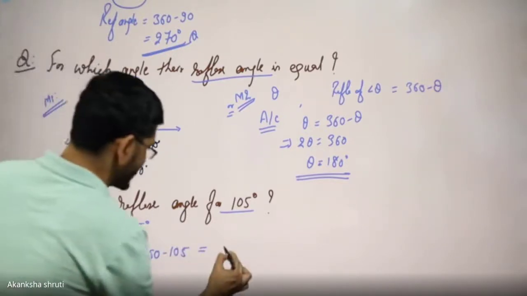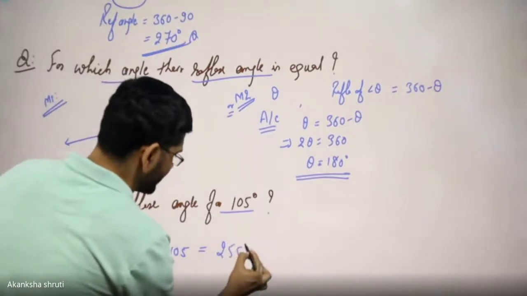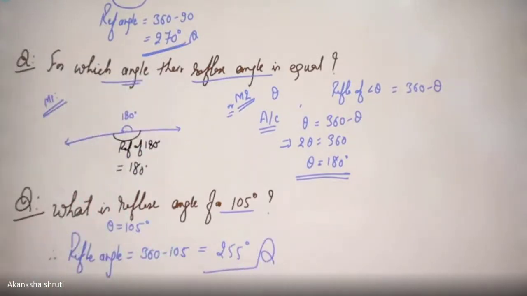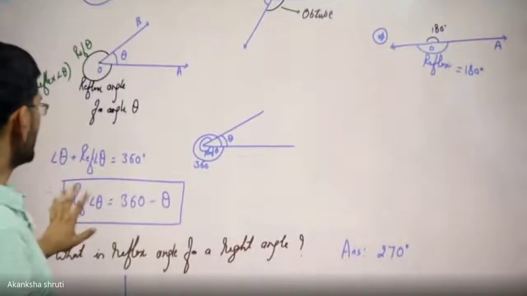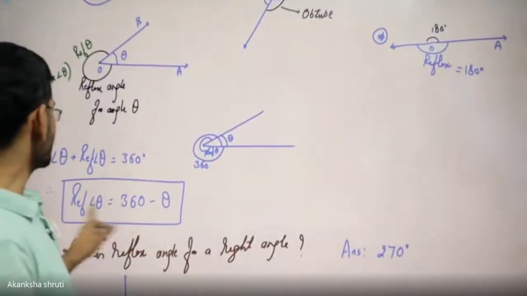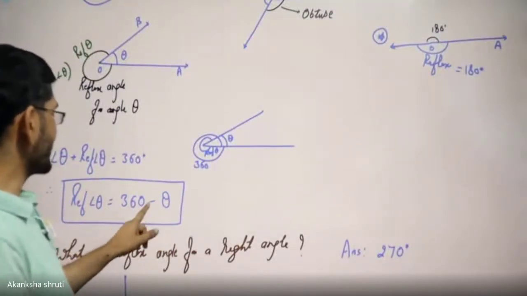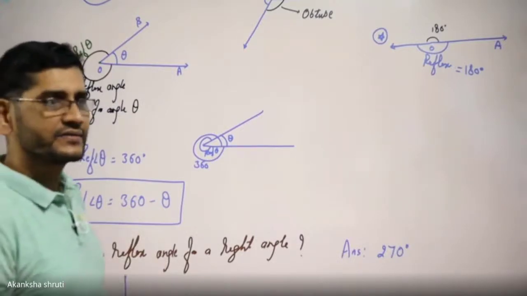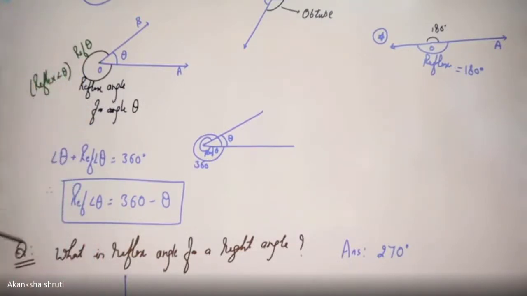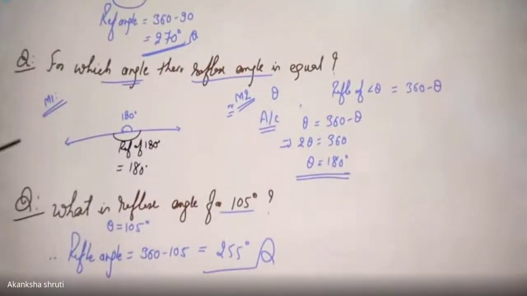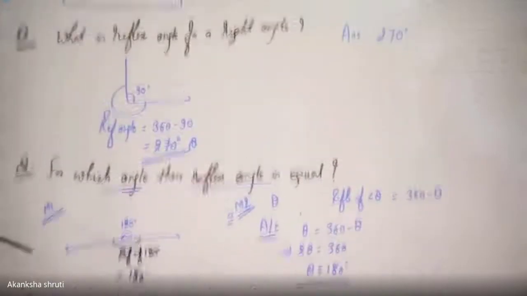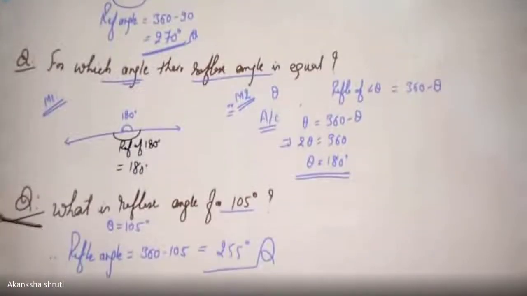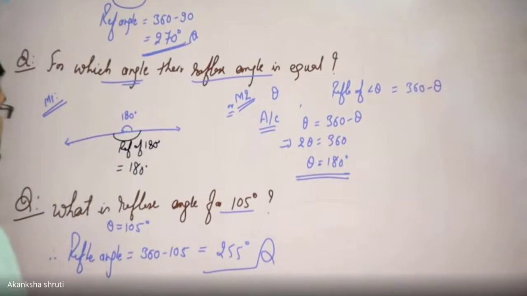Subtracting, it becomes 255 degrees. This is the answer. So this was all about the reflex angle. We have learned that the reflex angle for any given angle is obtained by subtracting that angle from 360 degrees. That's all, it's that simple. Considering this, we have calculated the reflex angle for various conditions. These are asked in your MCQs. That's why I explained this. Okay, students? So be careful.